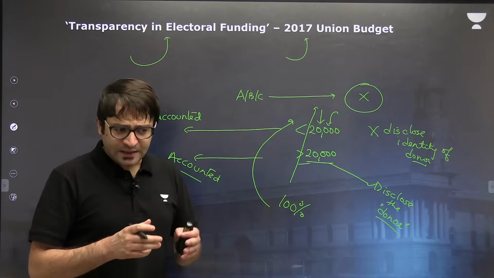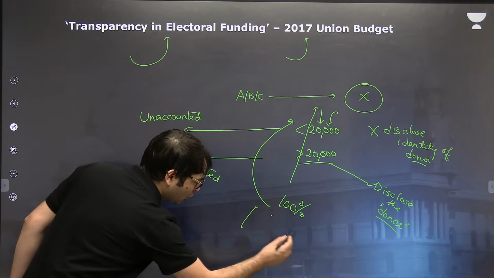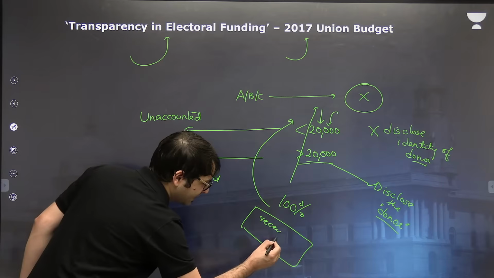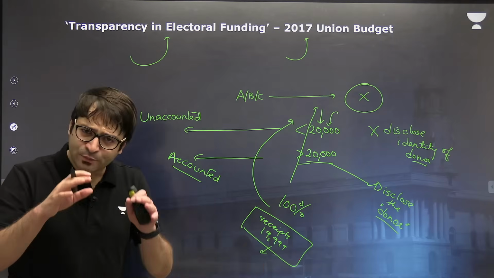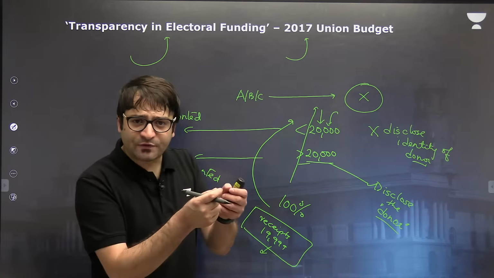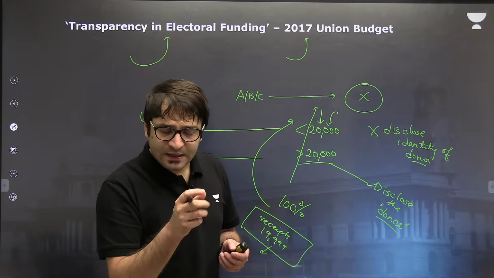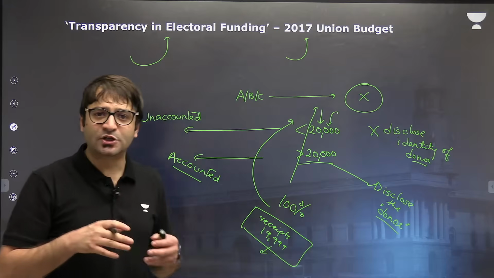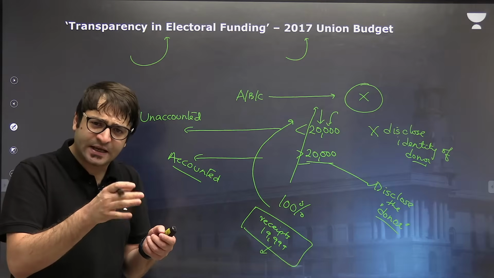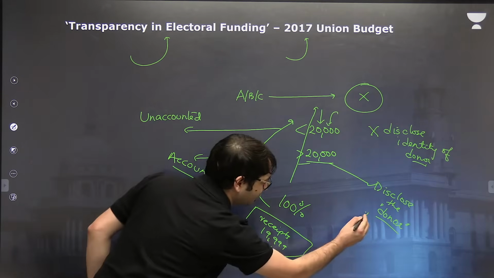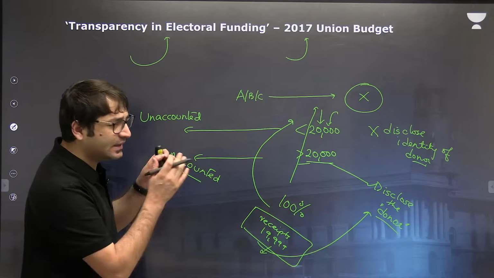But what they do is collect these donations in cash, hire chartered accountants, and divide those donations into receipts of 19,999 or lesser, just so that they don't need to disclose the identity of the donors. And Mr. Arun Jaitley said, we need to kill this structure.